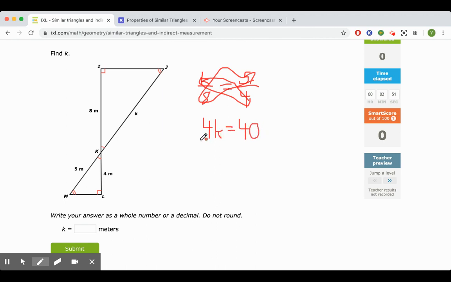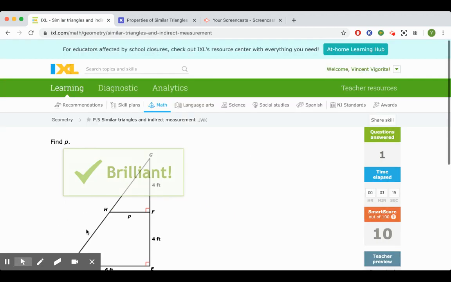To solve for K, I had to divide both sides by 4. I can just cross that out. So K equals 10. And yes, I still need practice with this writing implement. Okay, so K equals 10 meters.